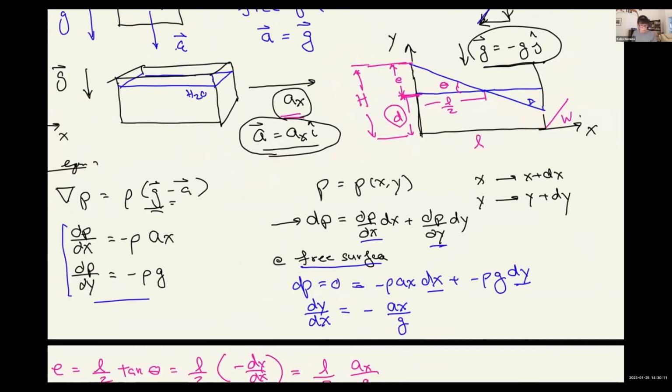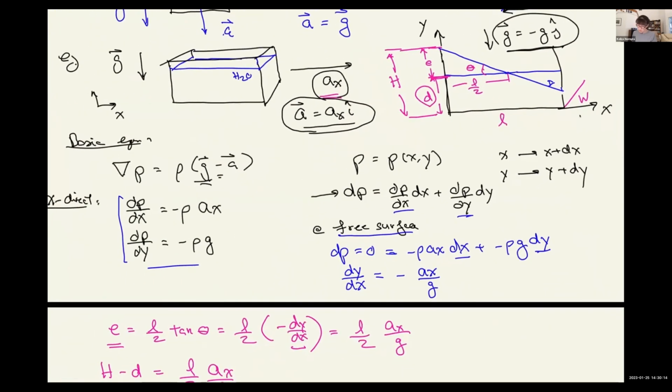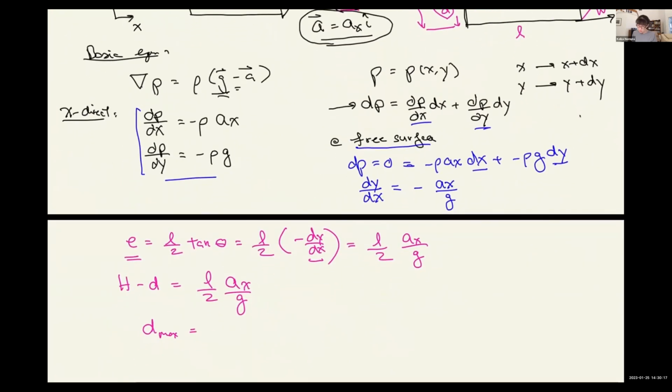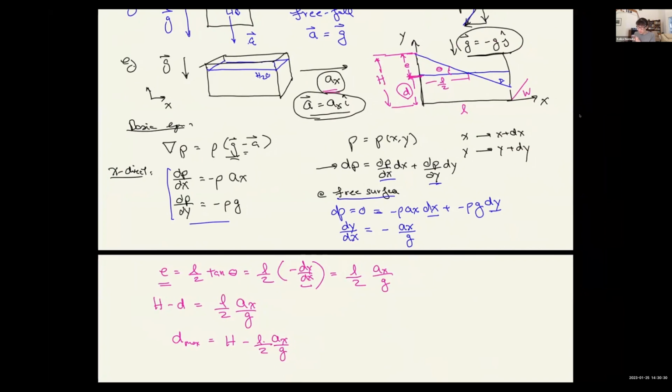Okay, so now we substitute in for E and solve for D max, which would then be H minus L over 2 AX over G. So now it's a simple calculation to evaluate the maximum that you can fill the tank before it may spill over if you drive at some particular acceleration, AX.